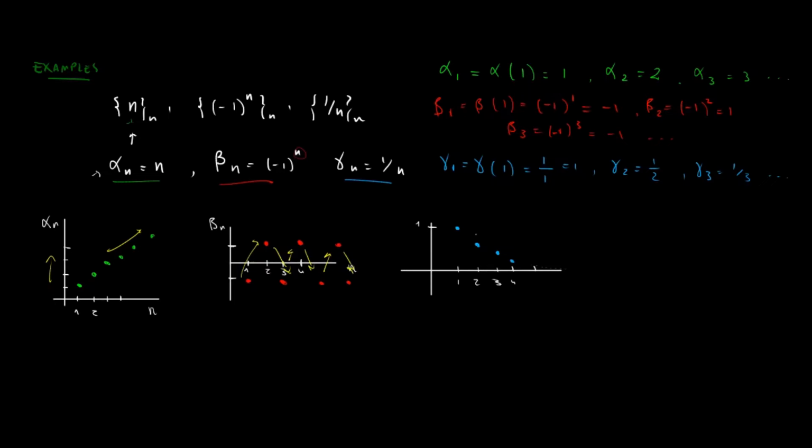But now for gamma, we're always going down, but it's not actually being negative, because it's impossible for 1 over n to be negative, and 1 over n is always positive. So we're getting smaller and smaller, but always above 0. So we're actually getting towards 0, and it makes sense, because when n is big, we can think of 1 over n as being as close to 0 as possible.